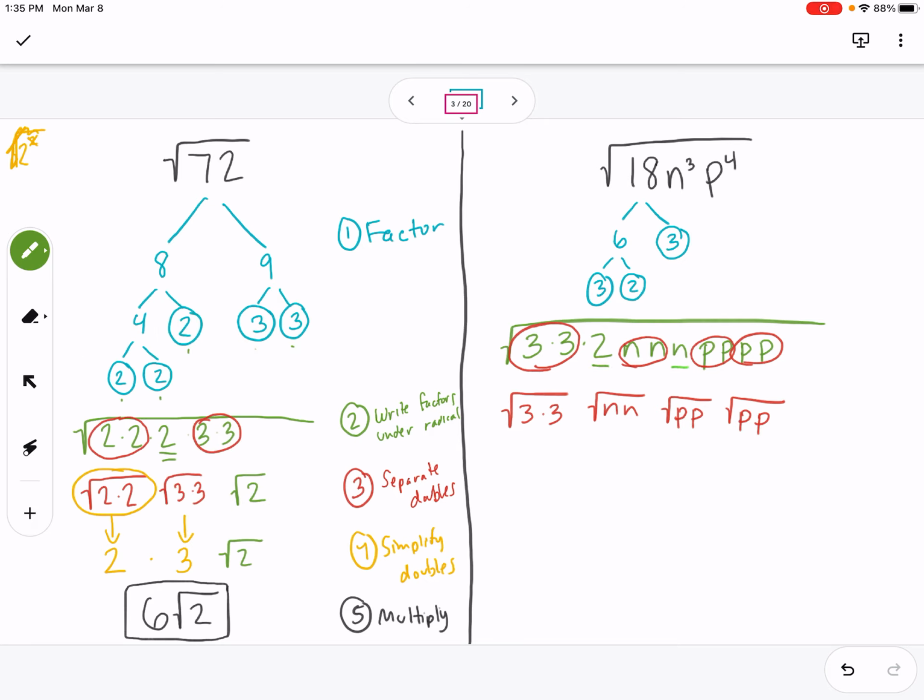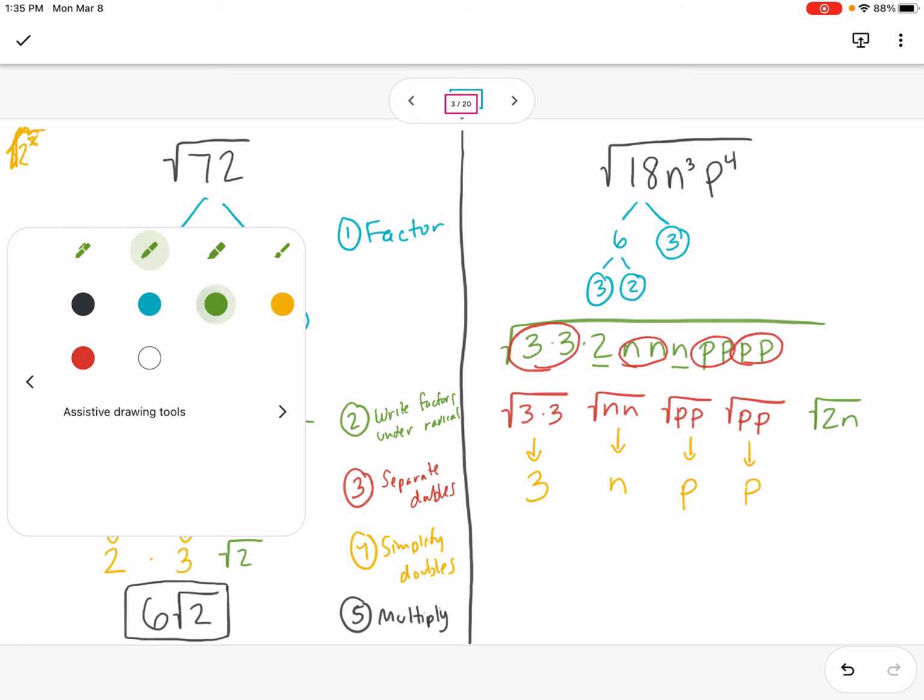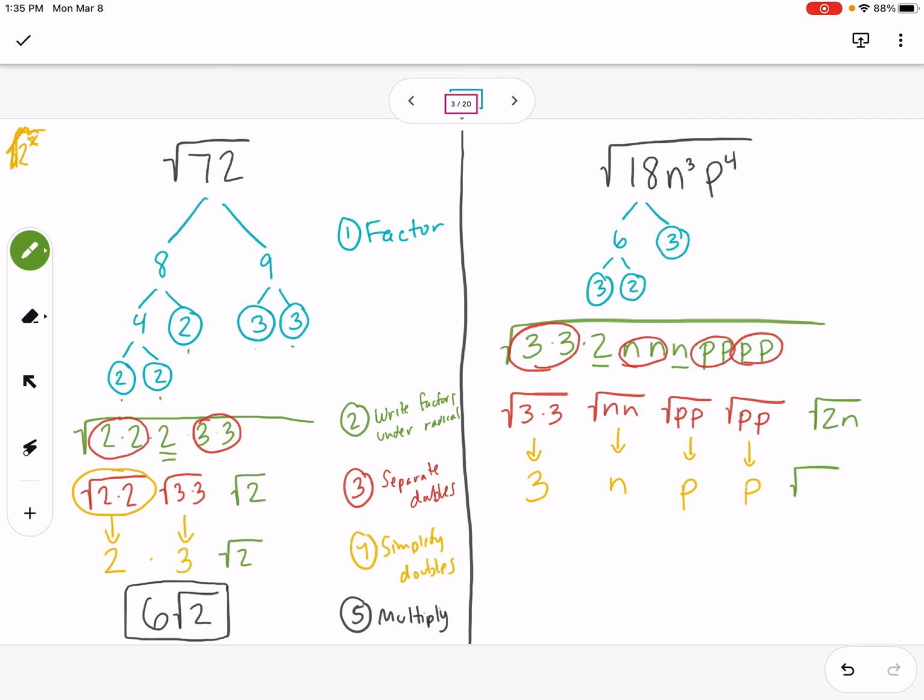Okay, and these are singles and they stay inside. When I simplify the doubles, this becomes a 3, this becomes an n, this becomes a p, this becomes a p, and this stays the same.